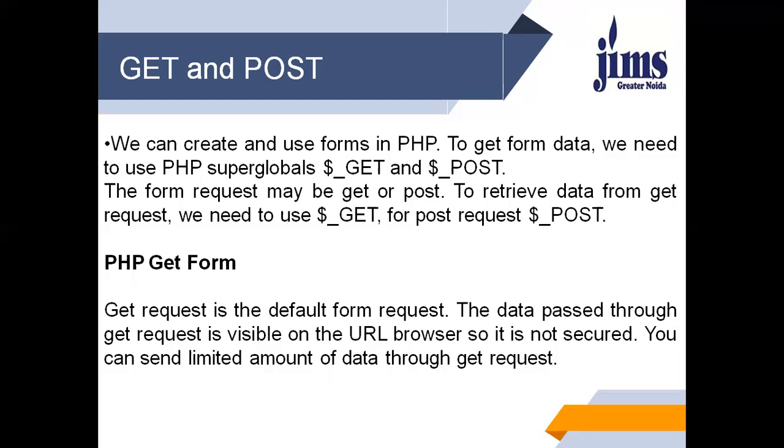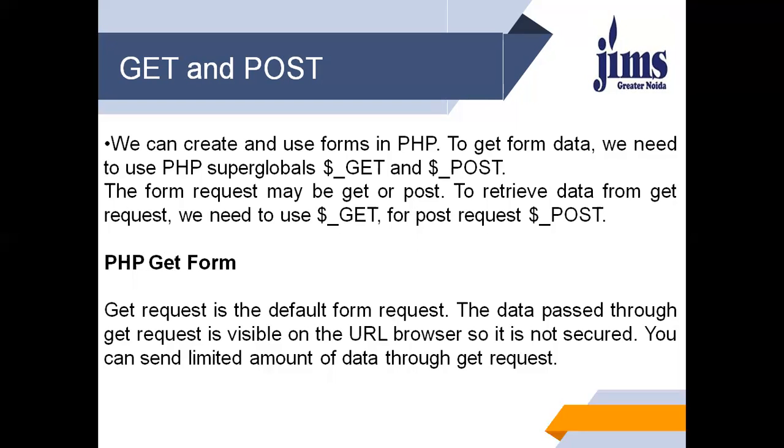Never use the get method if you pass passwords or other sensitive information that is to be sent to the server. Get cannot be used to send binary data like images or Word documents to the server. The data sent by the get method can be accessed using the QUERY_STRING environment variable. We will see more about the query string in a future slide.